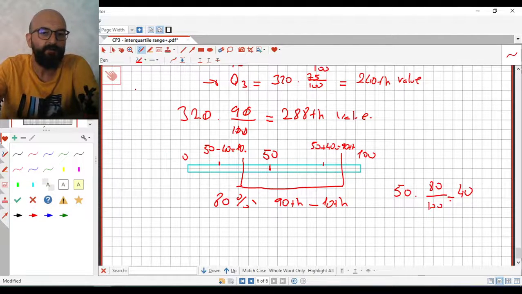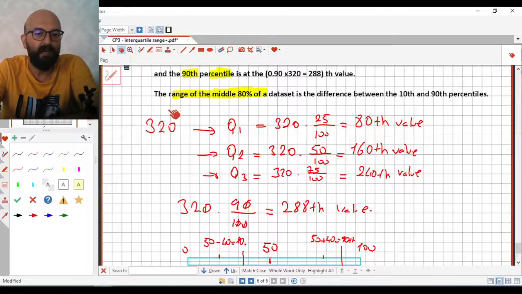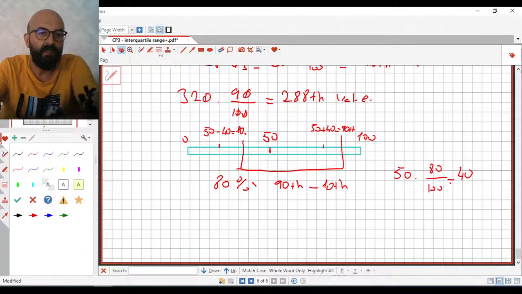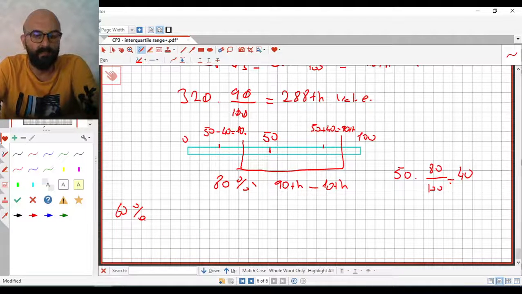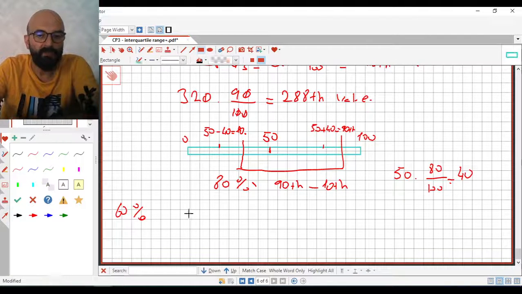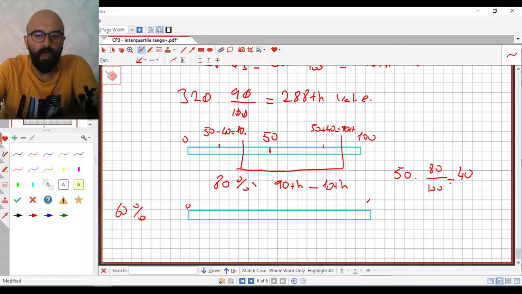Okay, for example, they want the range of the middle 60% of a data set. For example from 0 to 100, the middle value is 50.